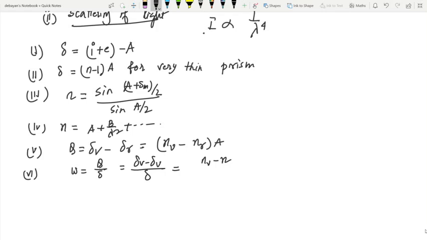If the yellow refractive index is not given, then we can write the mean of violet and red, that is, n violet plus n red by 2. So that is the corresponding formula we discussed in prism.